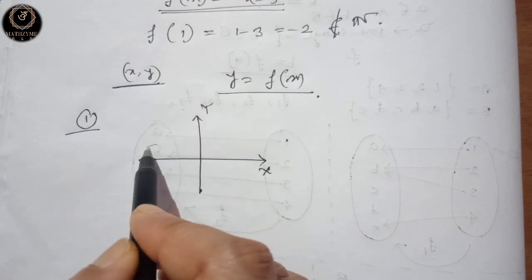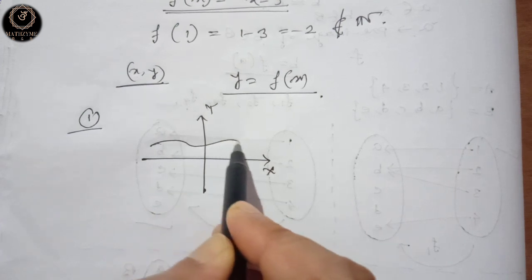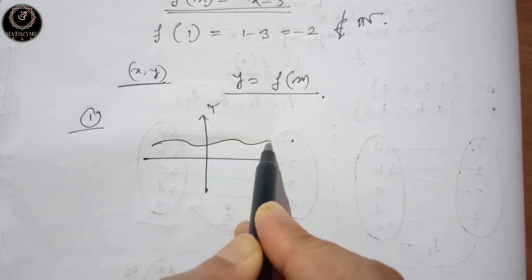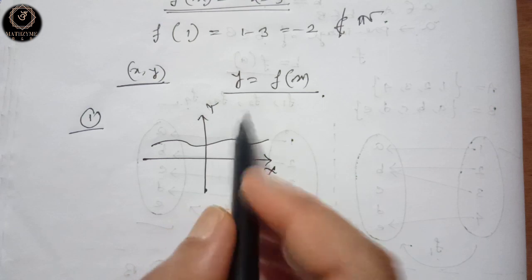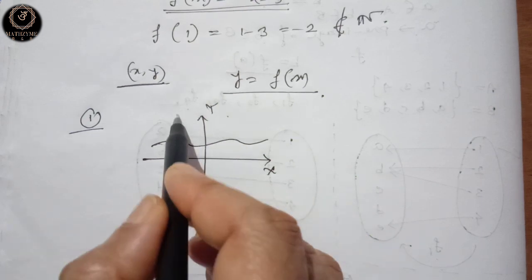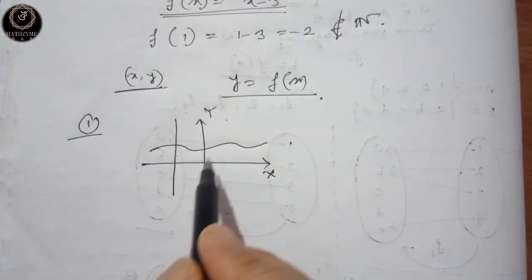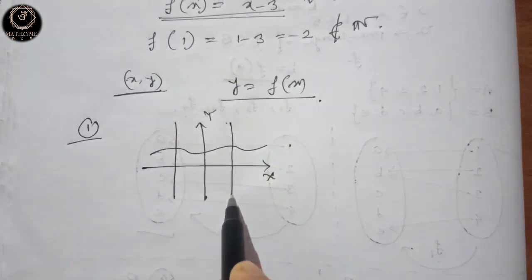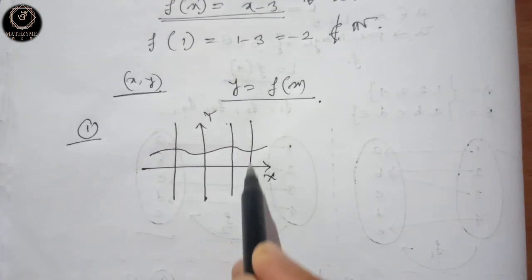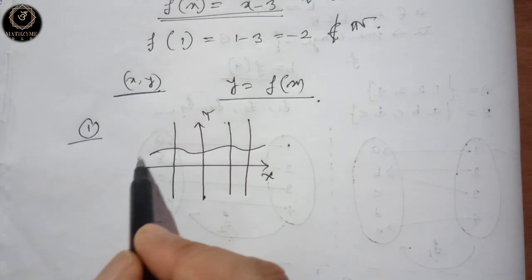That is, you may have, this is the graph line, line parallel to y-axis, that is this, parallel to y-axis. This is also parallel to y-axis. This is also parallel to y-axis.